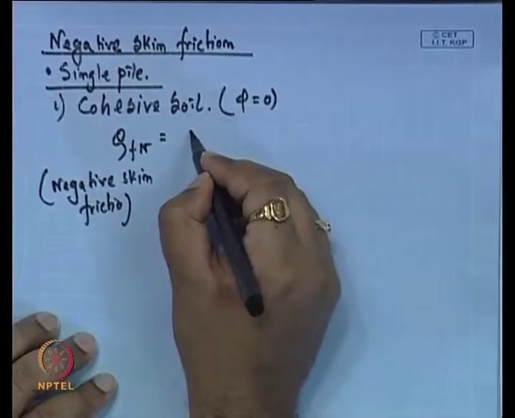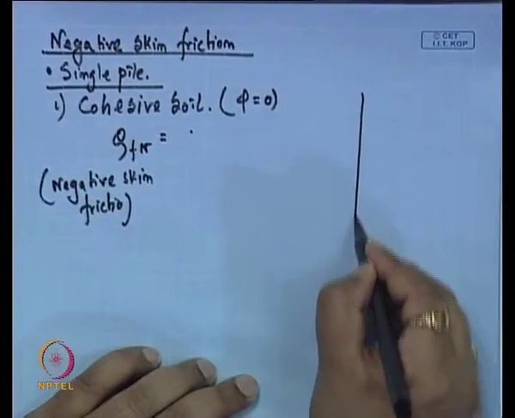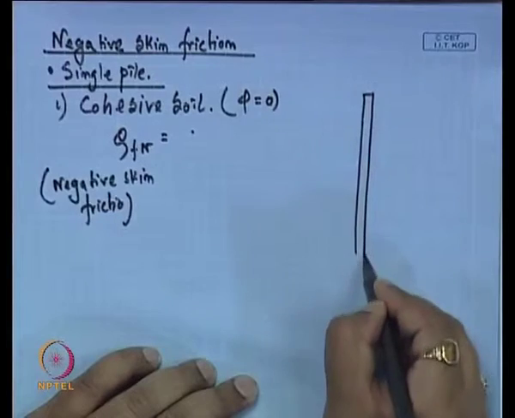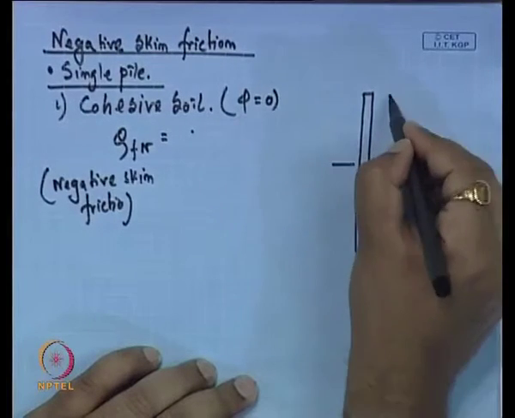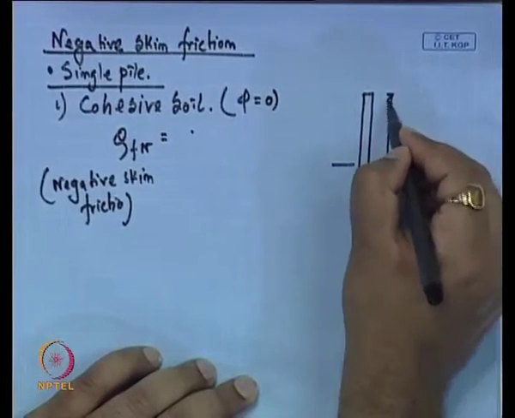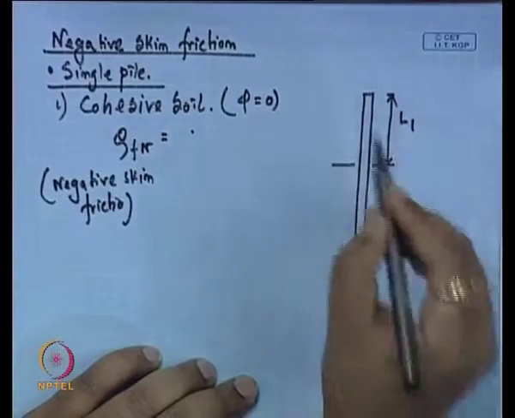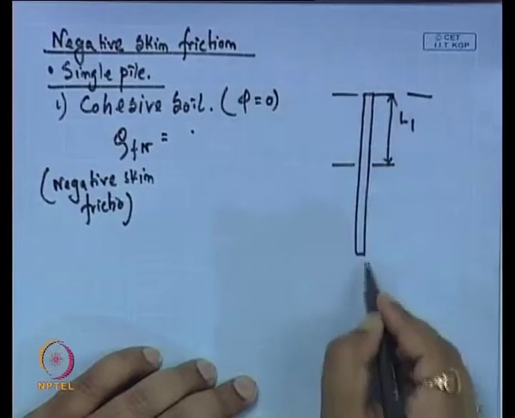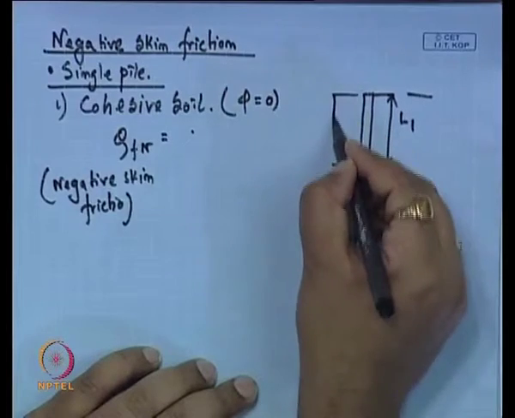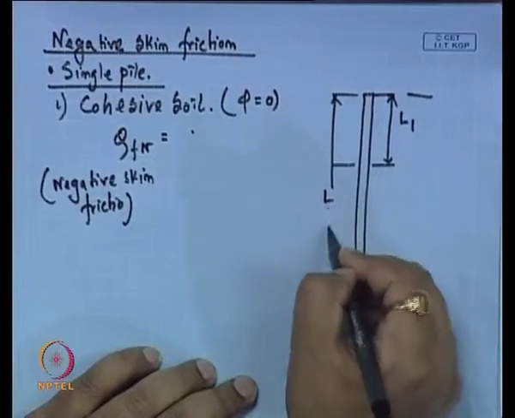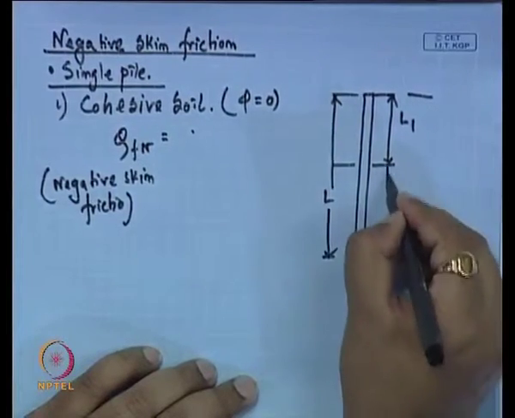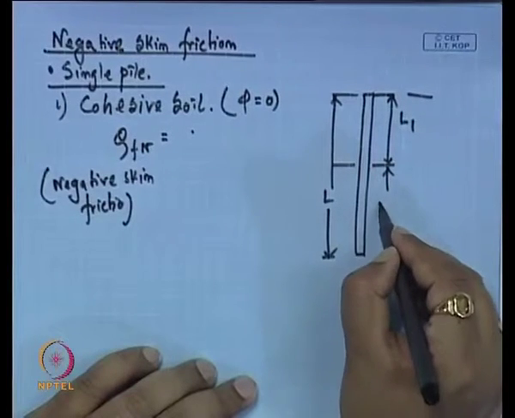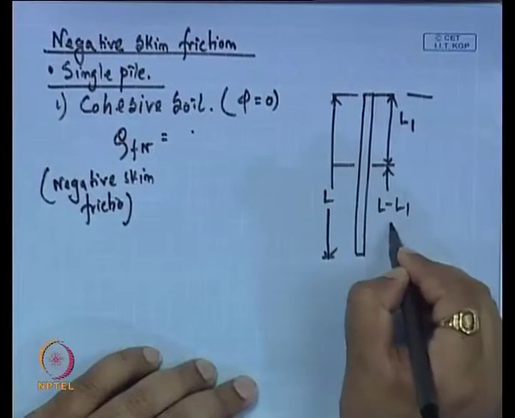Suppose this is the pile, and up to this length, say L1, there is a negative skin friction zone, and this is as usual the pile tip where we get the usual resistance. So, this length is L minus L1.